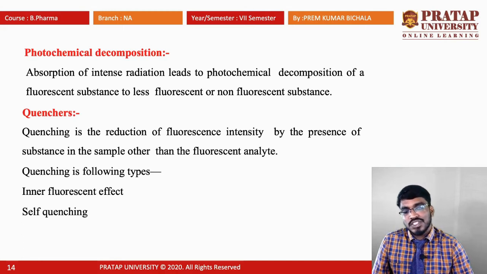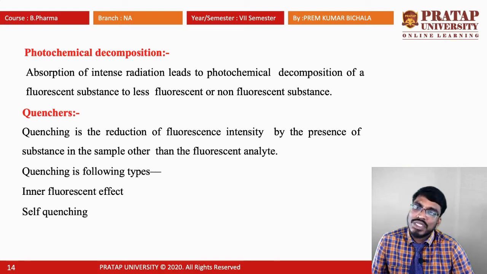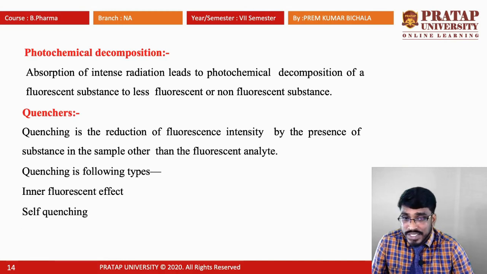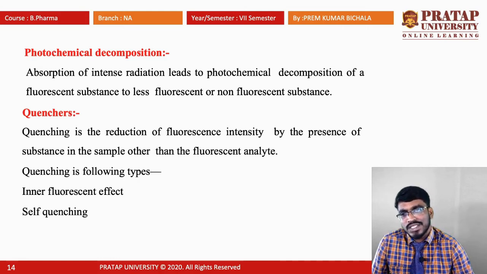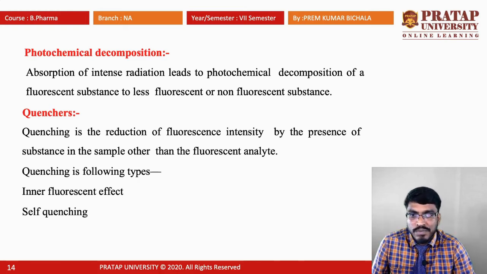The quenchers are a very important factor which affects the fluorescent intensity. Quenching is the reduction of fluorescent intensity by the presence of substances in the sample other than the fluorescent analyte. These substances are known as quenchers, and the phenomenon is known as quenching.